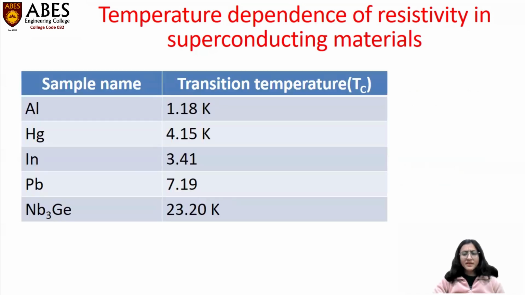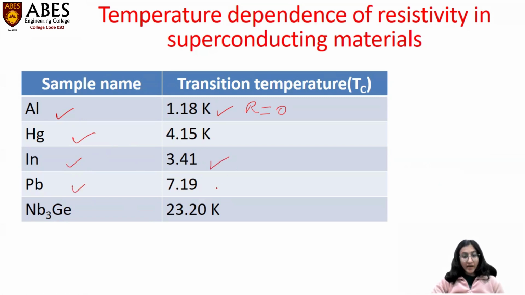Among common materials, aluminium has a transition temperature of 1.18 Kelvin. Above this temperature, the material has a value of resistance, and at 1.18 Kelvin, suddenly the resistance appears to be zero. Same for mercury, which we just showed in the graph. For indium, the critical temperature is 3.41 Kelvin.